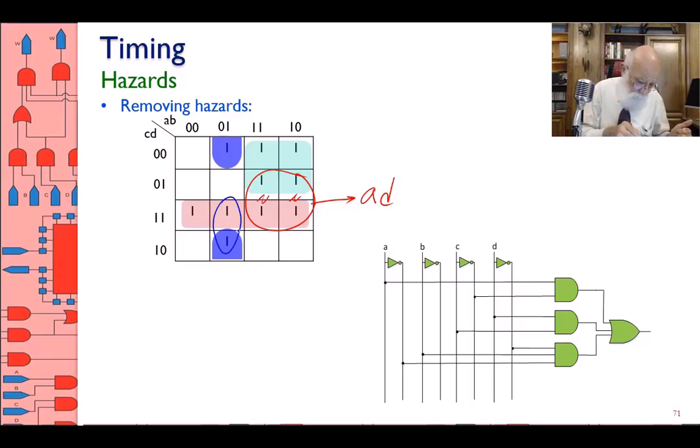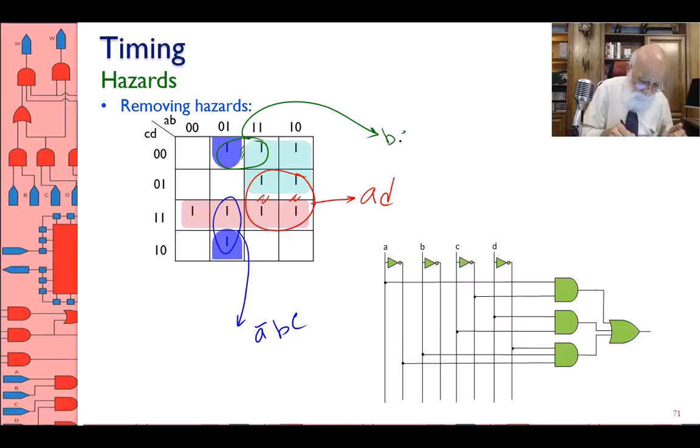And therefore, I'm going to put another one here that covers only these two, which is A bar, B, C. Then you look up here, and you see again two ones that are adjacent but not covered. And therefore you put a third map here that becomes B, C bar, D bar.